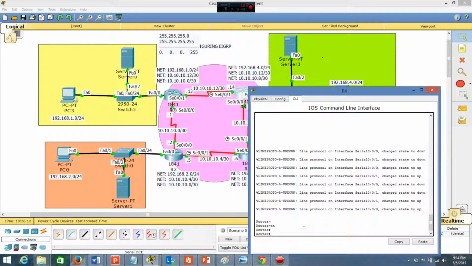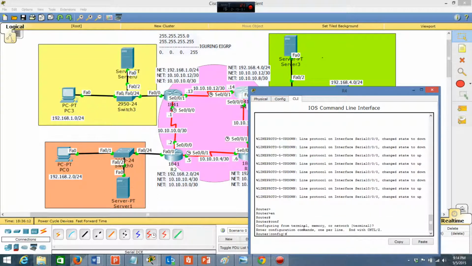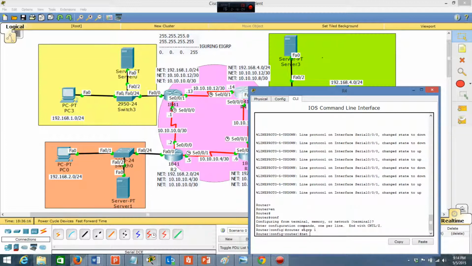So enter config router EIGRP. Network 192.168.4.0 0.0.0.255.